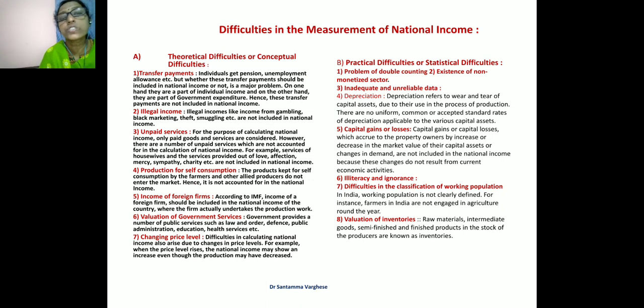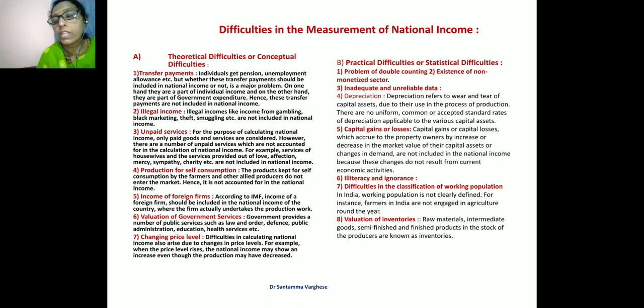In the theoretical difficulties there are 7 points: transfer payment, illegal income, unpaid services, production for self-consumption, income of foreign firms, valuation of government services, changing price level. So these are the difficulties. Transfer payment: what all things come with it?